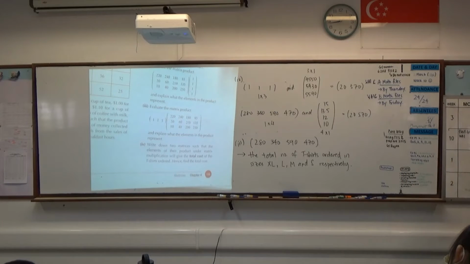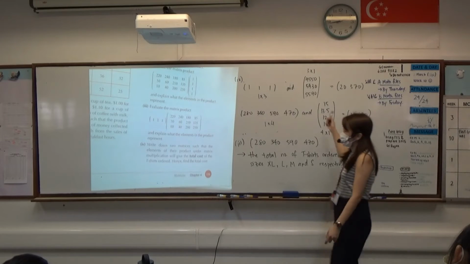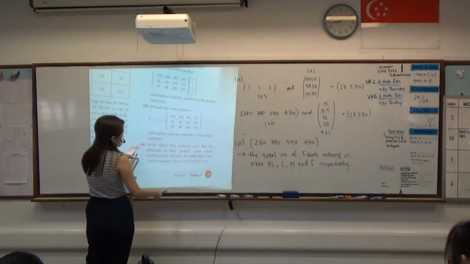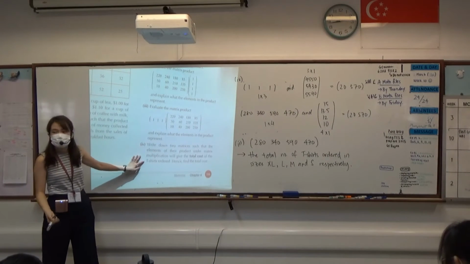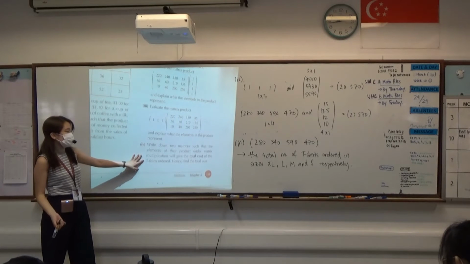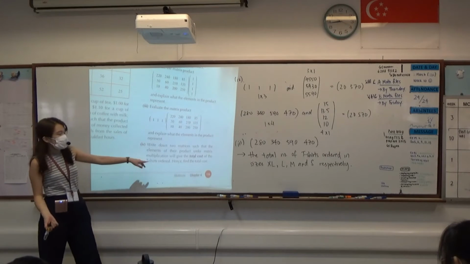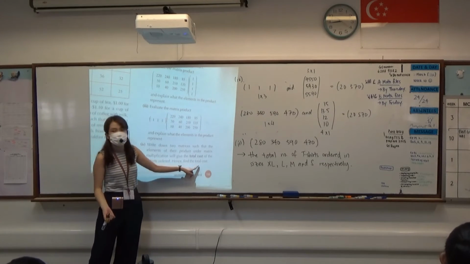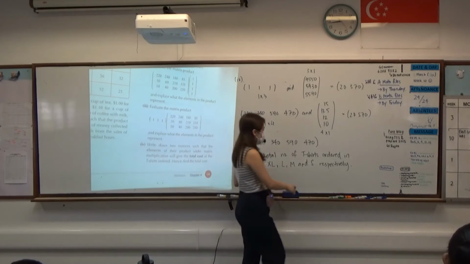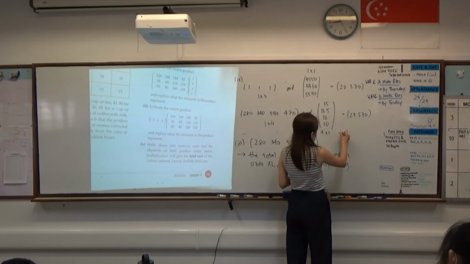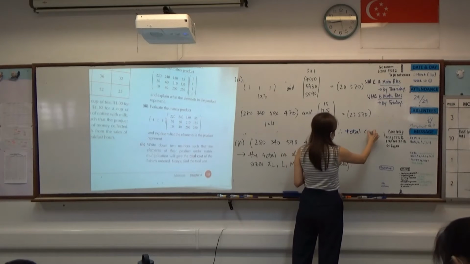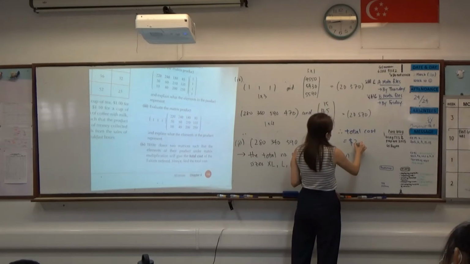I want to remind you that in your presentation of working, this is the answer to the first part of the question that asks for the product of the matrices. The question also asks you to hence find the total cost. So please do write a concluding statement to say that the total cost is $20,570.